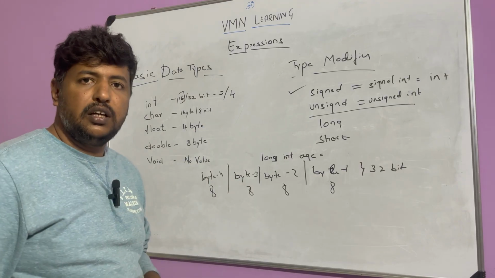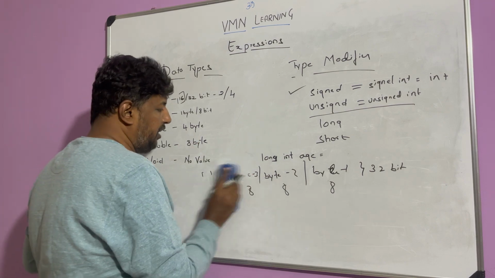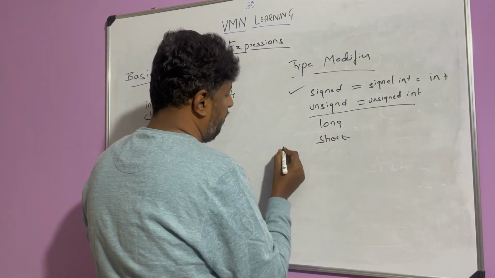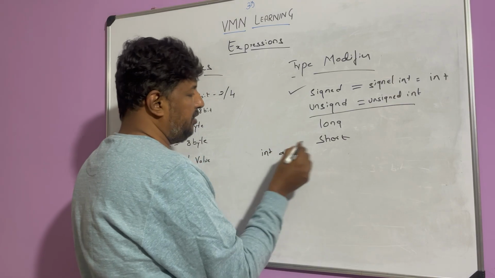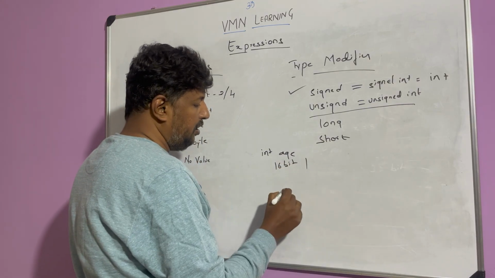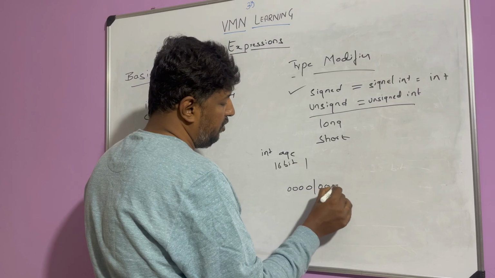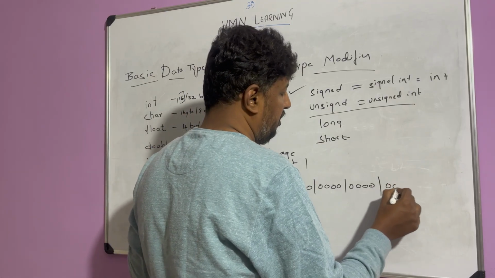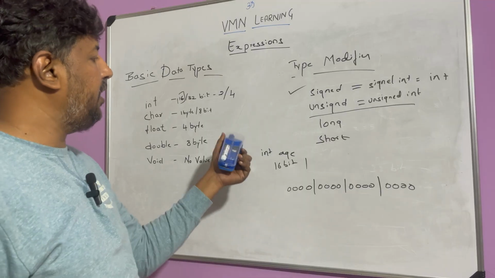What is short? Same thing. If something needs only a very small range, let's go back to our age example for a 16-bit machine. If age is given in a 16-bit machine, 16 bits of memory are allocated to age.